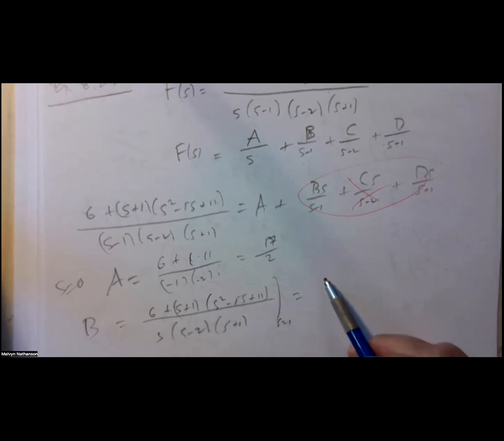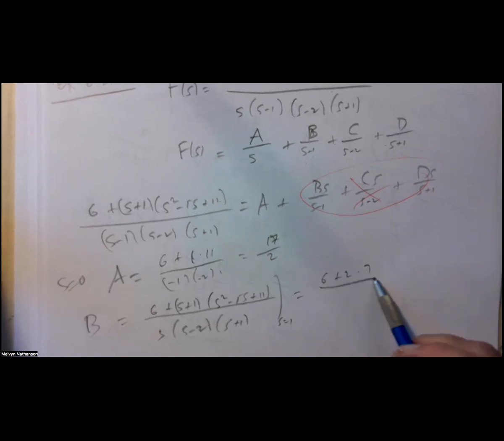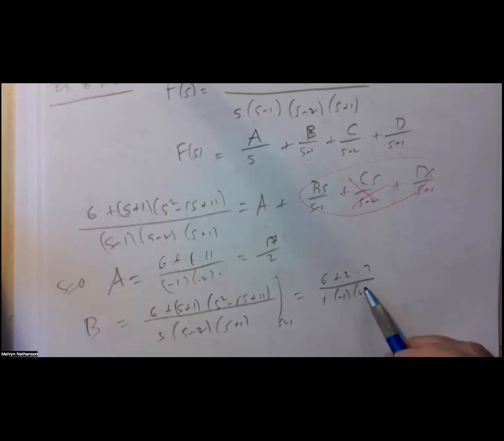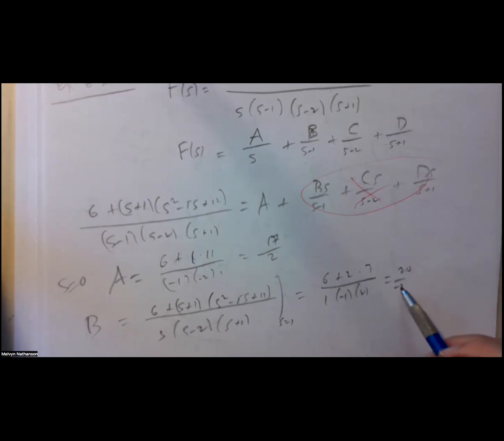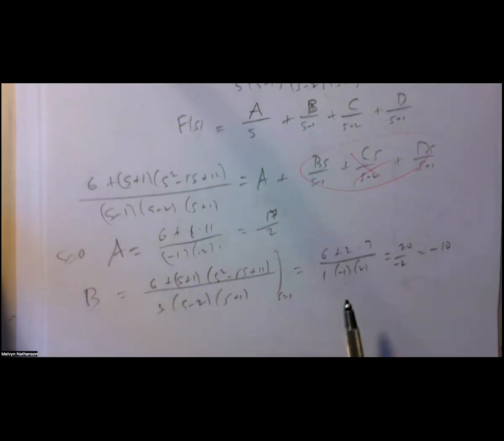When s equals 1, this is 6 plus 2 times (1 - 5 + 11), which is 7, over 1 times -1 times 2. So this is 14, this is 20 over -2, or -10. So B is equal to -10.